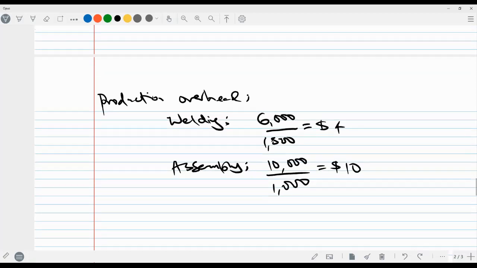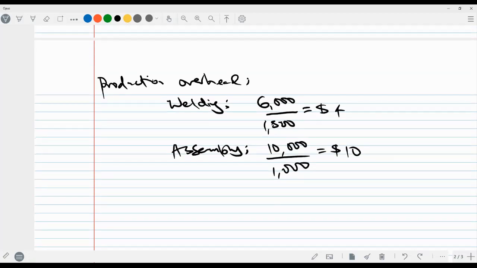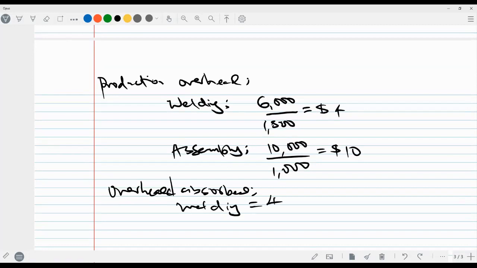Now the actual hours and the overhead absorbed onto the commodity. For welding, the rate per hour is $4. The amount of hours spent on welding was 100.